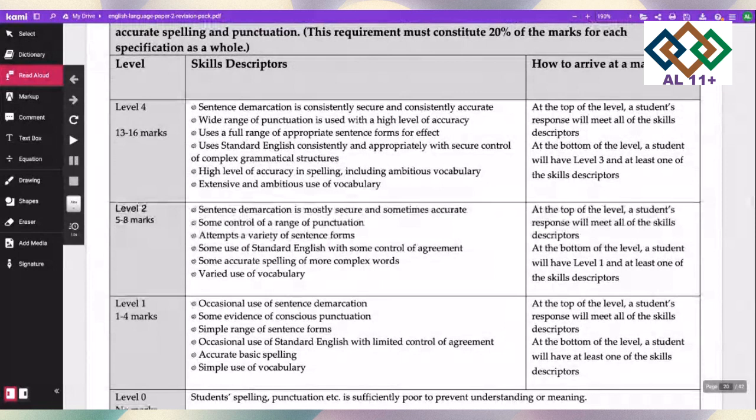Does your writing have all these points that they have told you to include? If you have included these points, you will get level 4 and you would easily be able to get 13 to 16 marks if you have included all the skills descriptors that they have told you.